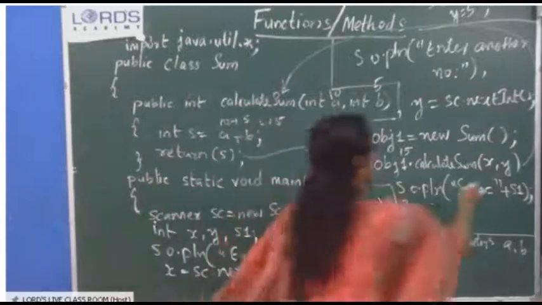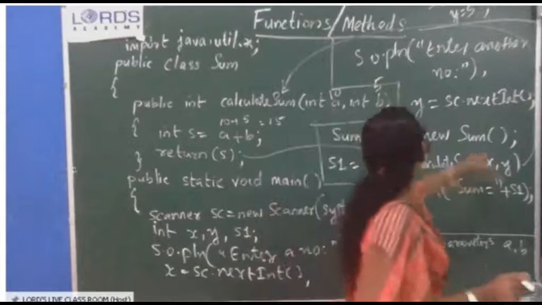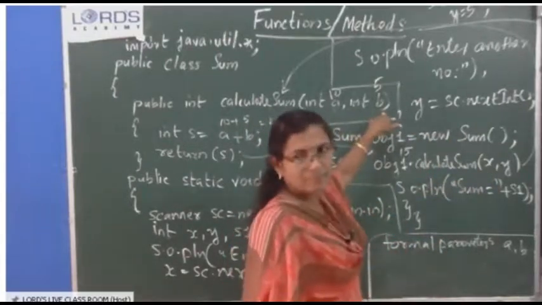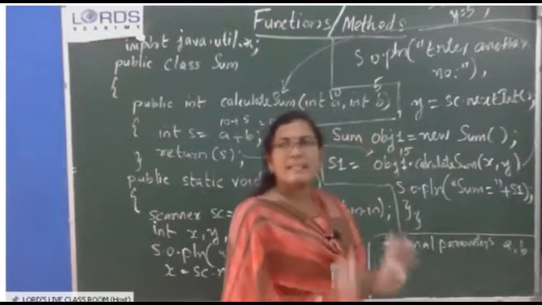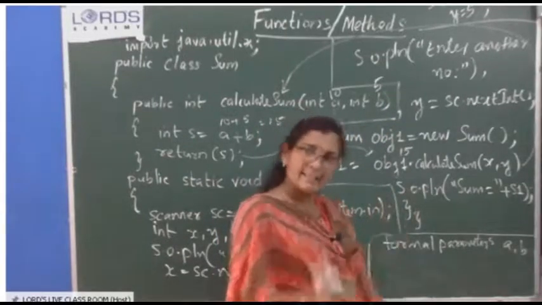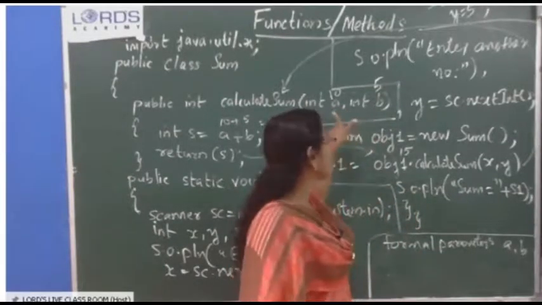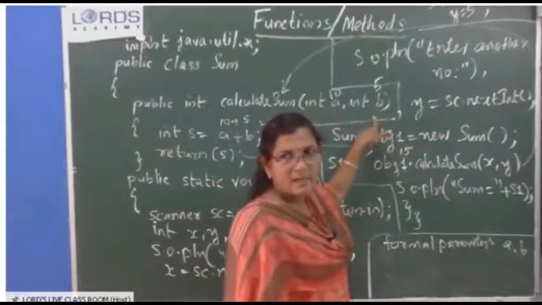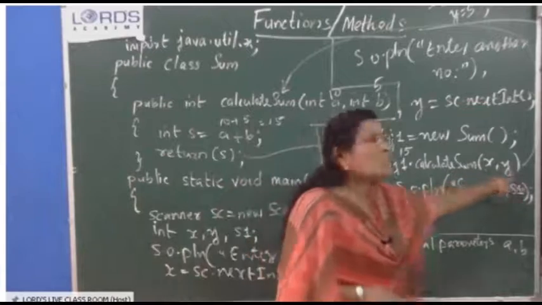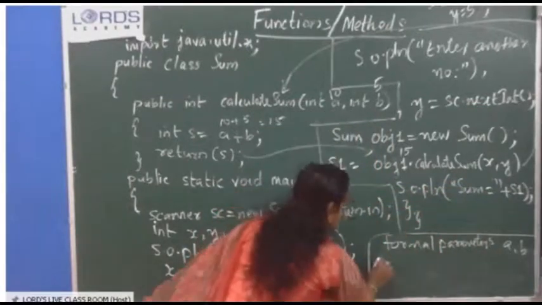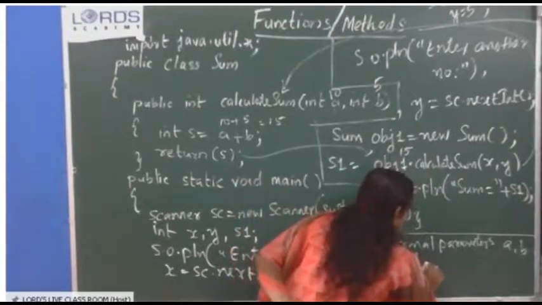When you pass these values to these variables, when this function is called, then only these variables will be created in the memory. If this function is not called at all, A and B will not be created in the memory. A and B will not get any value. Once you call this method and give the values to it, then only these variables will be created in the memory. Okay. The actual value to be processed is stored in X and Y. So they are known as actual arguments or parameters.